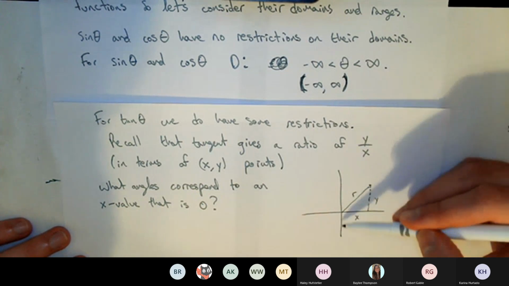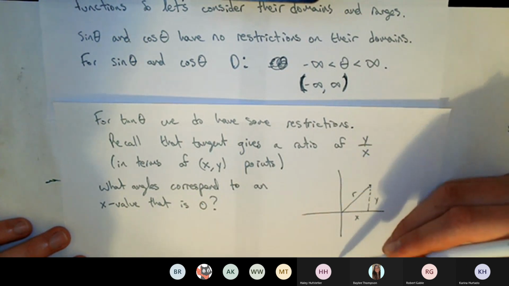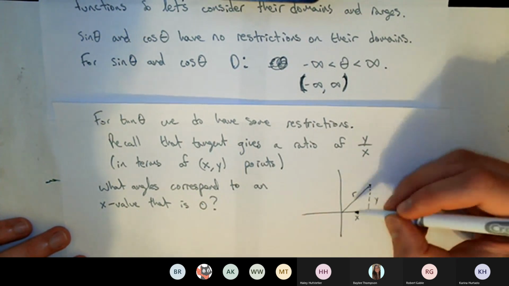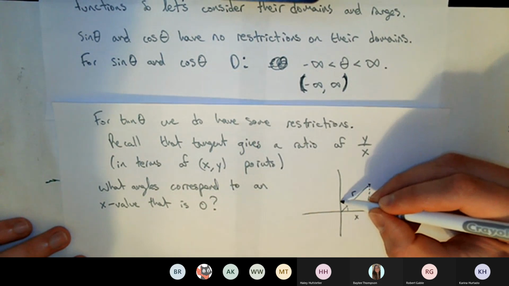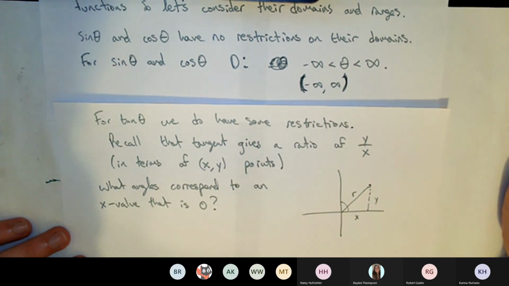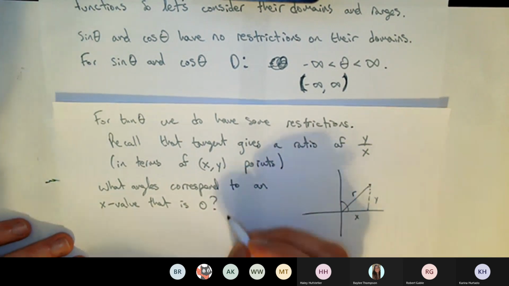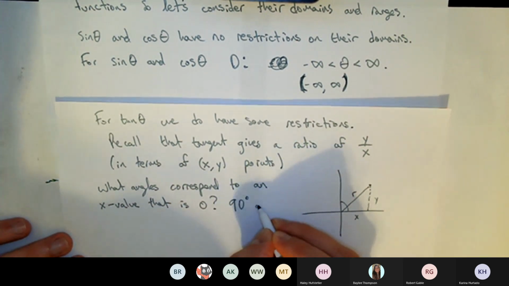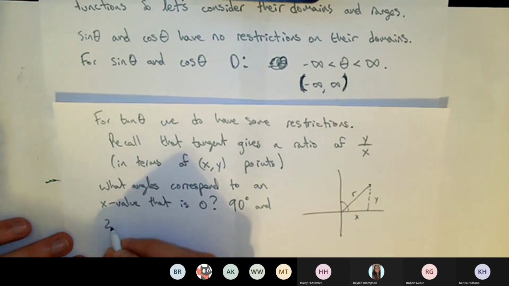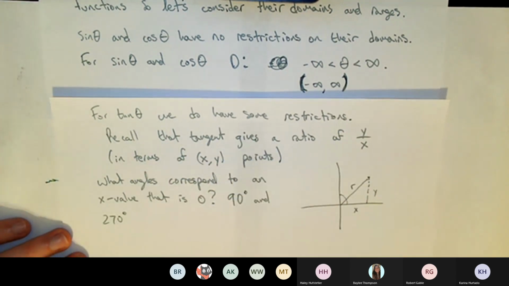It's along the y-axis. So what angles lie along the y-axis? The 90-degree angle, right? And also the 270-degree angle. 90 degrees and 270 degrees.